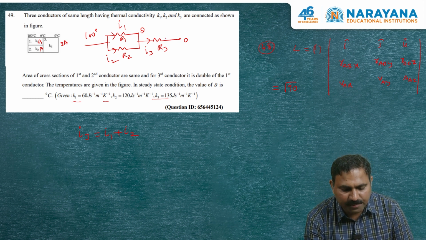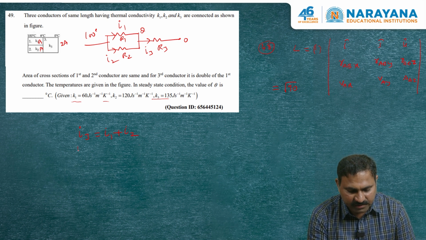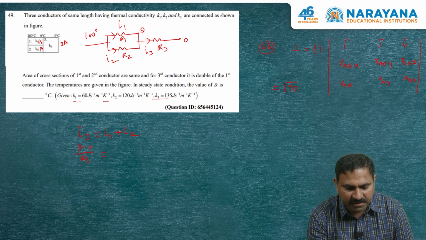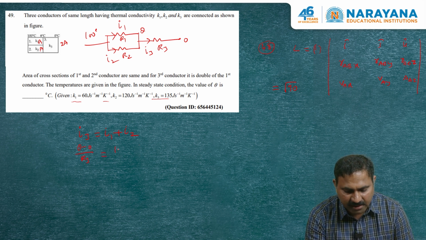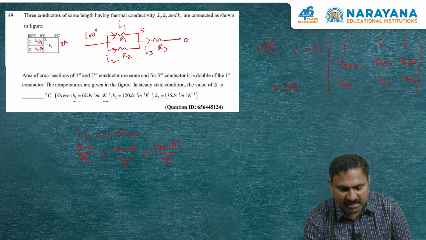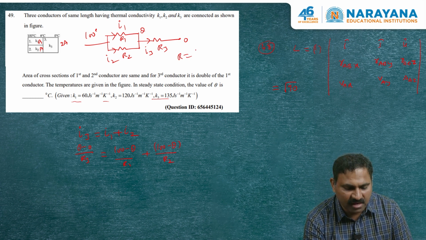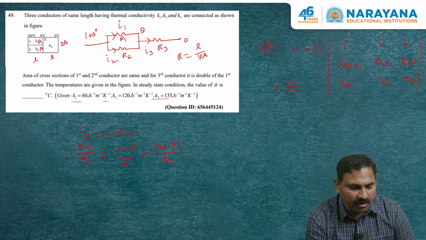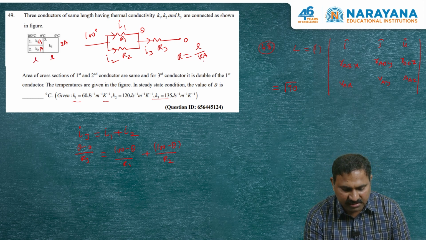I3 can be written as temperature difference by resistance, theta minus 0 by R3. Similarly, I1 is the temperature difference, 100 minus theta by R1, plus 100 minus theta by R2. The general expression for thermal resistance R is L by KA. Here the length is the same for all three resistors, the cross section areas are different.